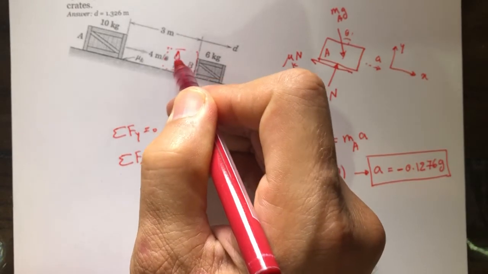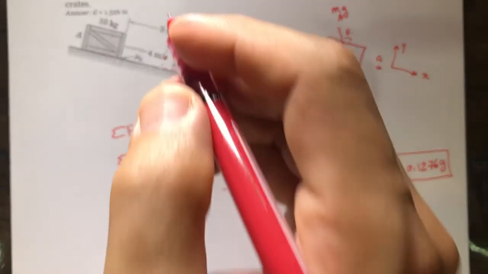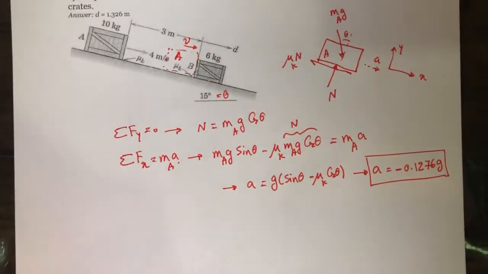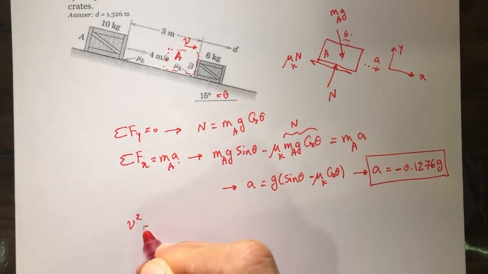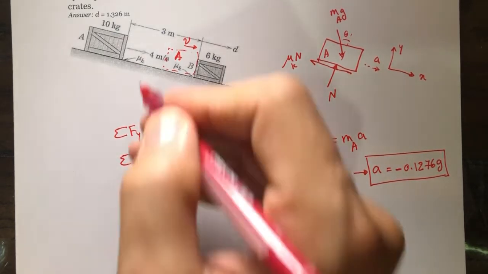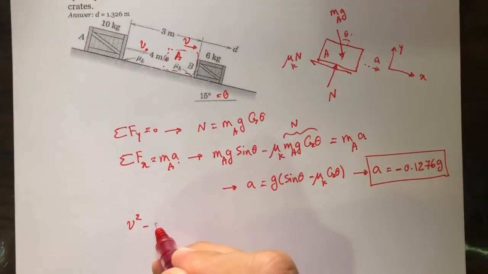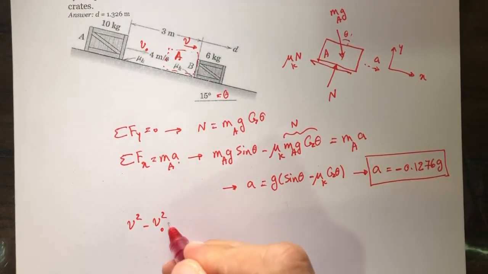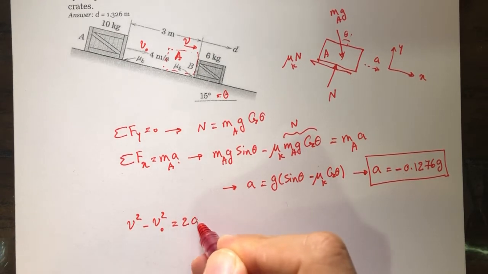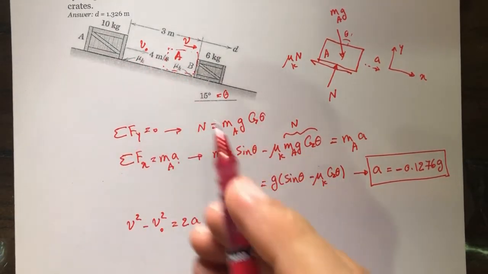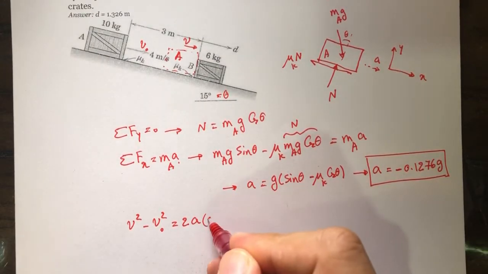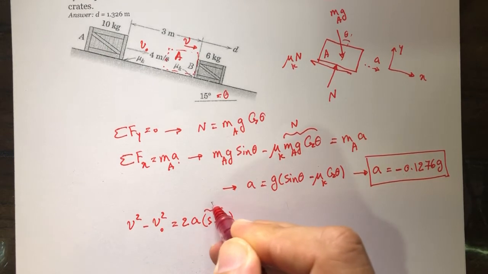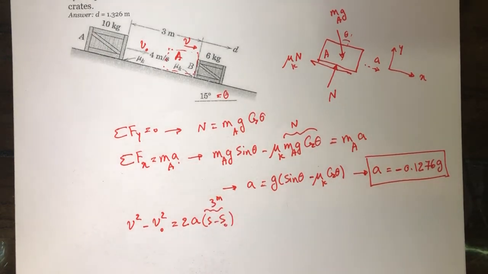So the velocity of box A at this point, if I call it V, is going to be: velocity squared minus initial velocity squared, which is 4 meters per second squared, is equal to 2 times acceleration times displacement, and the displacement is s minus s0, which is 3 meters.